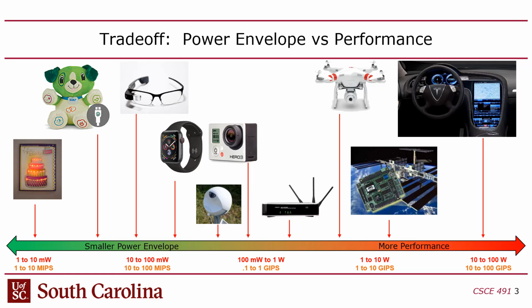They can solve any problem that any other computer could solve at any scale. But they use very little power and they have very little computational throughput. So the example I have here is this electronic greeting card thing. And then as you move up the spectrum, you have systems that have more performance, but they use more power.